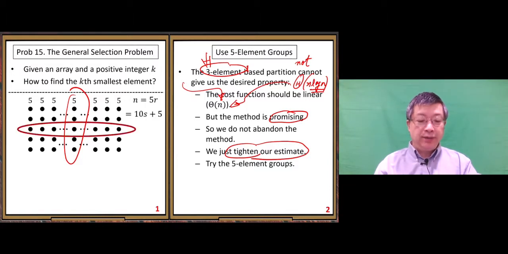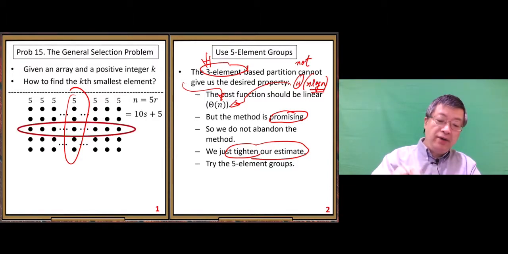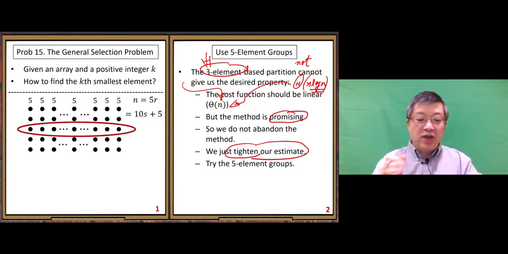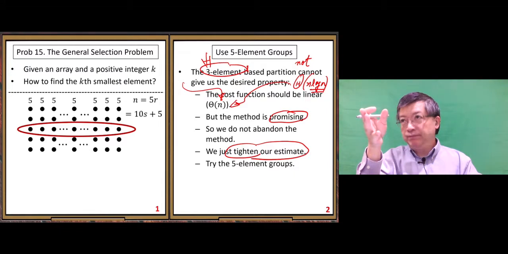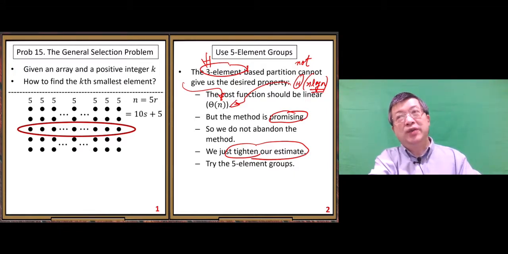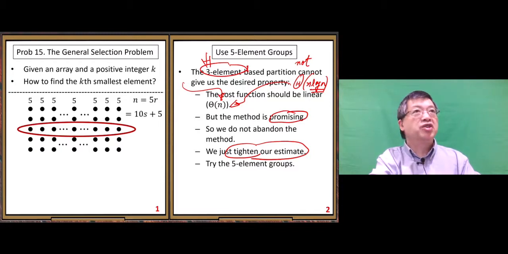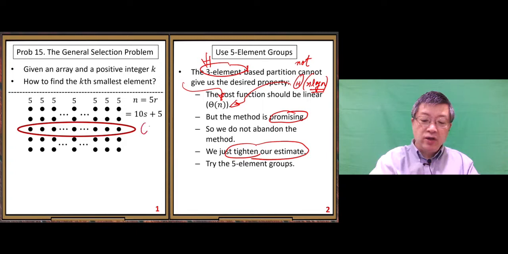Still, the first step this time is to find the median of each 5-element group. That is another question in your homework assignment, the last question, question number 25.